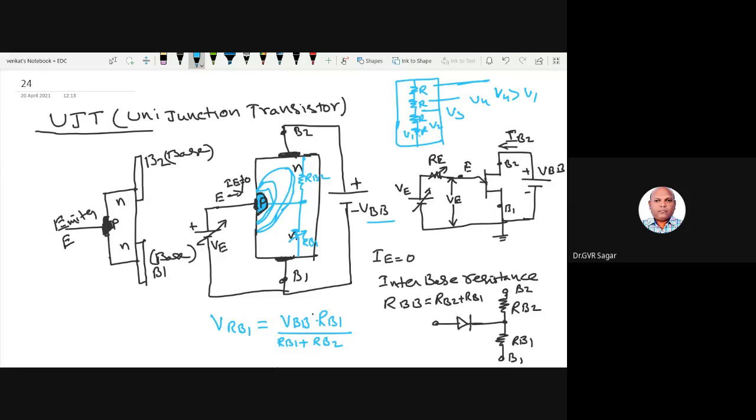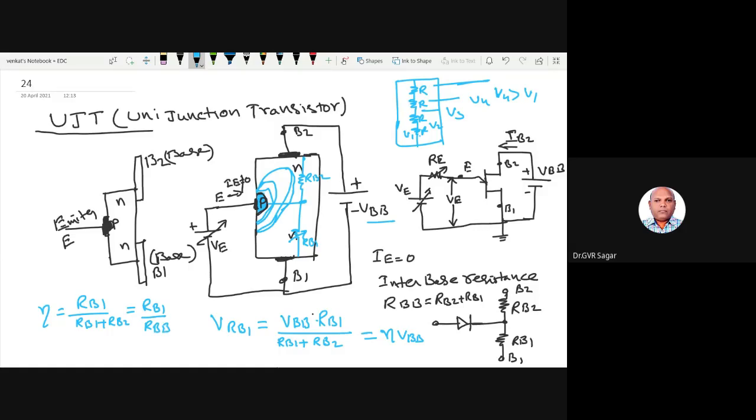This can be replaced by eta into VBB. Eta is equal to RB1 by RB1 plus RB2, which is equal to RB1 by RBB.